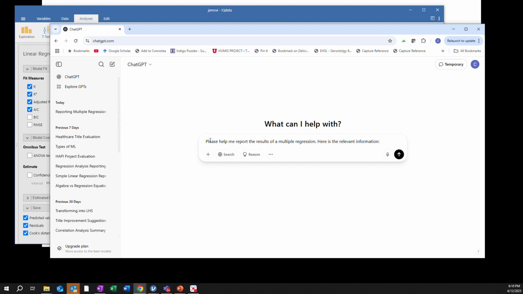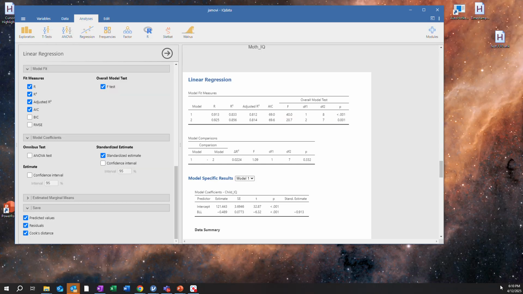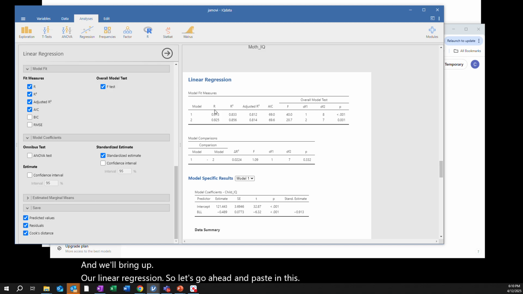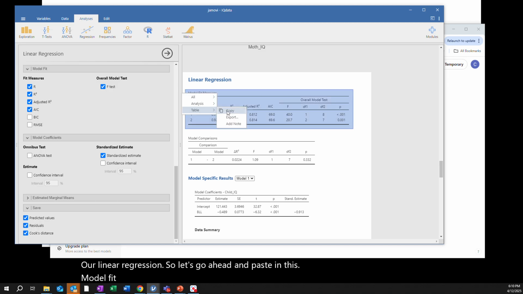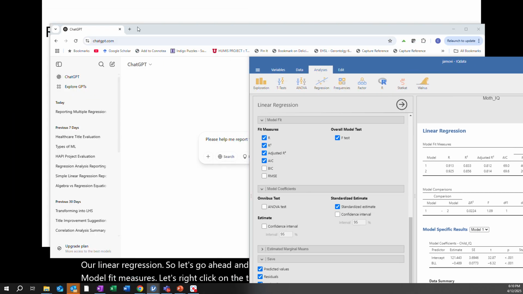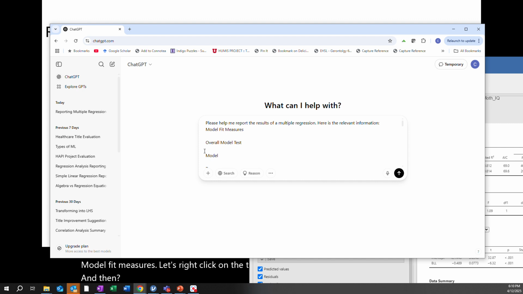All right, we're going to hit Shift Enter to go down to the next line, and we'll bring up our linear regression. So let's go ahead and paste in this model fit measures. Let's right click on the table and hit copy, and then Control V to paste, Shift Enter to go down to the next line.